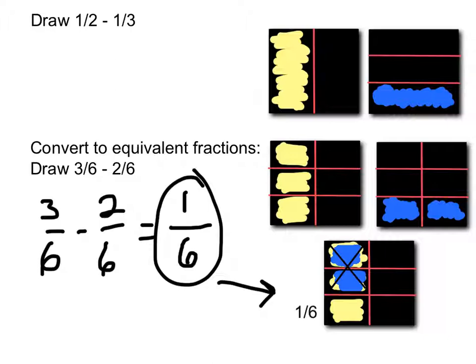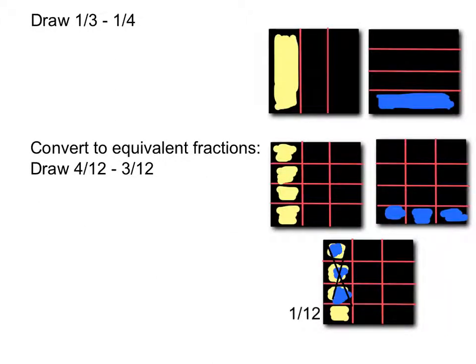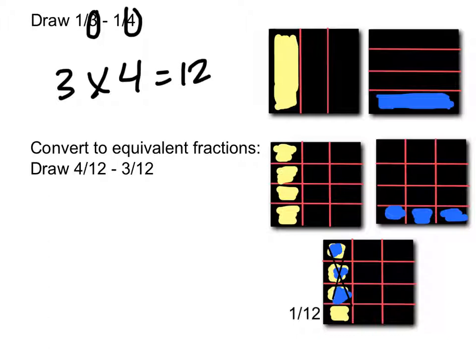Our next slide works with 1/3 minus 1/4. We have 1/3 shaded in yellow and 1/4 shaded in blue. And we have our directions where we go horizontal with our 1/4 and we go vertically with our 1/3. And as we draw and convert our fractions, we also keep in mind that we know that 3 times 4 is 12, right?